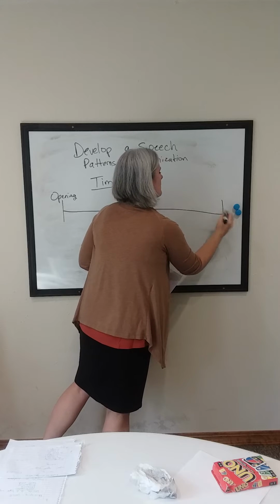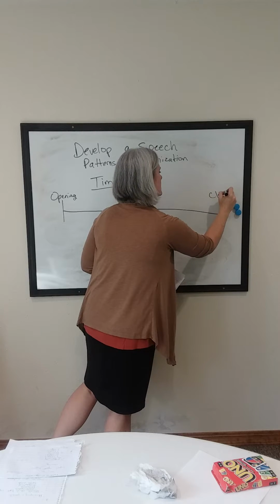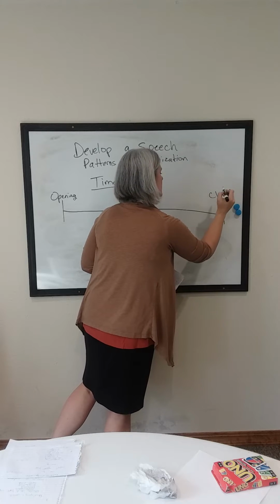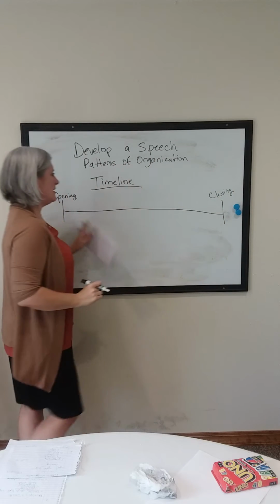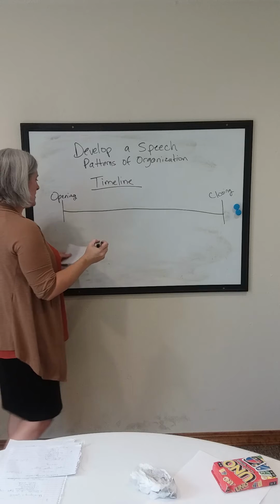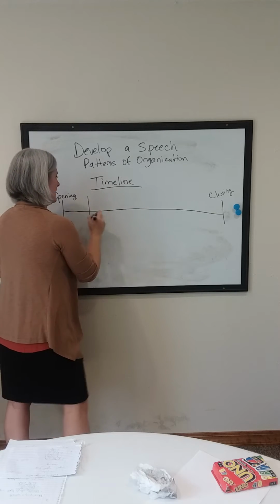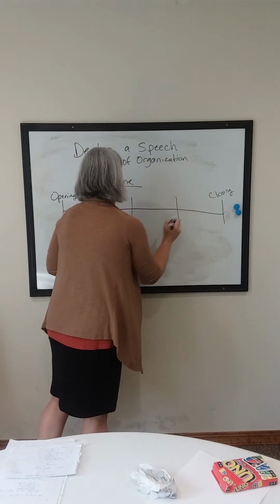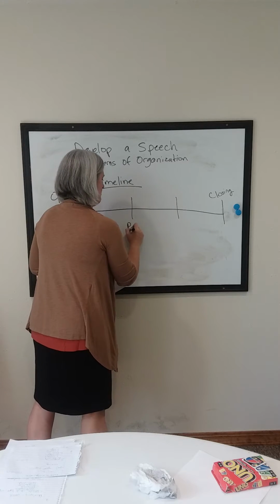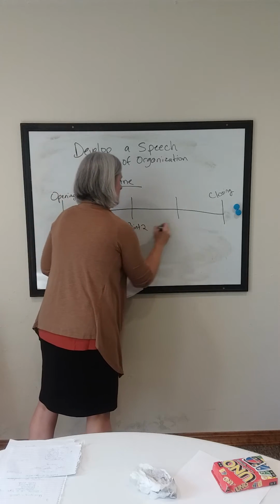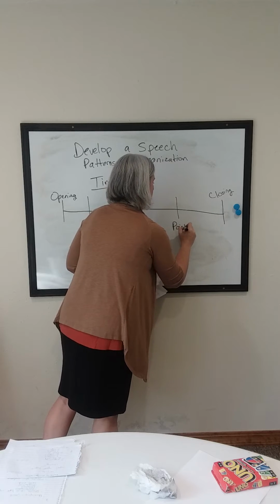And we're going to go all the way over there, and we know we want to get to our closing. Okay, so then we have this in between, but we're going to go in order of time. All right, so we're going to have point 1, point 2, and point 3.